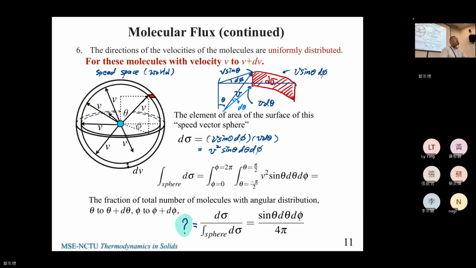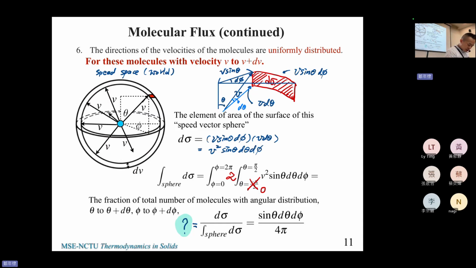But you will notice that minus half pi to plus half pi will make it 0. Okay, so we cannot do that. We need to make it from 0 to half pi, times 2.